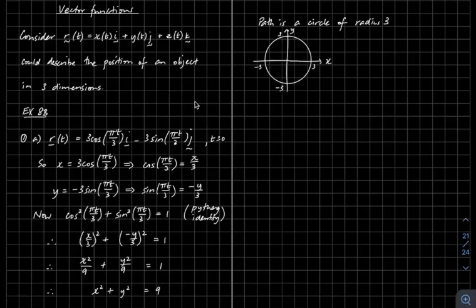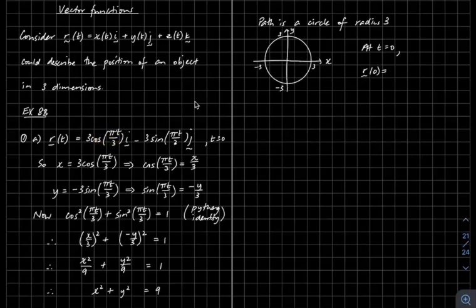Right, now we could say a little bit more about it. We could say which direction it's traveling. We could say where it starts. So let's think about at t equals 0. Well, you can either consider x and y separately, or we could just say r of 0 is equal to, well, substituting in, so for x here, when we substitute in t equals 0, cos of 0 is 1, isn't it?